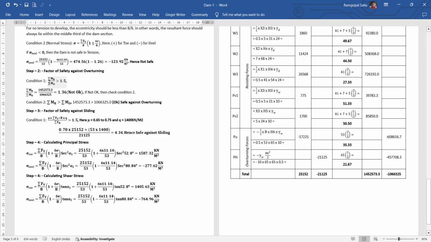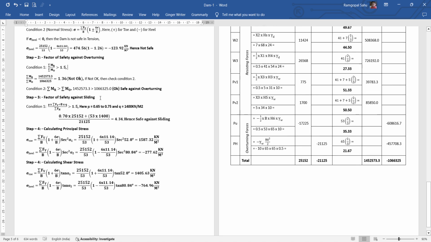Once you find not okay here, just go for the second check, condition 2. It says that the summation of the resisting moment must be greater than the summation of the overturning moment. This condition is satisfied because our resisting moment is more than the overturning moment, hence it is safe against overturning.